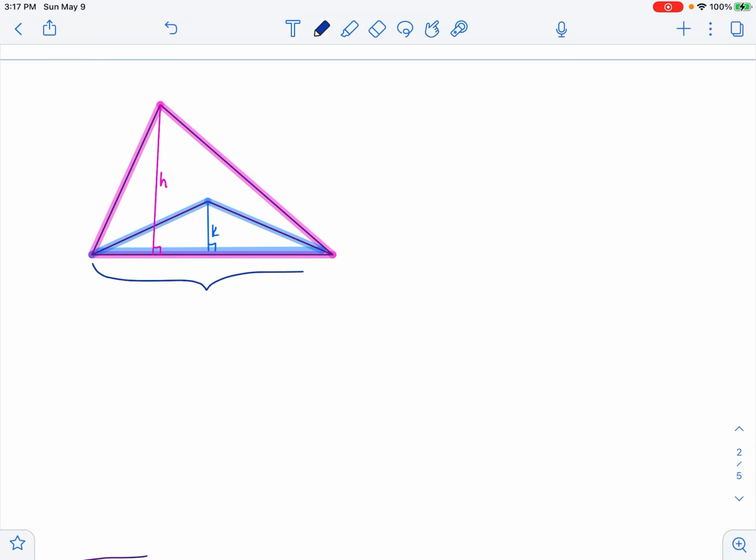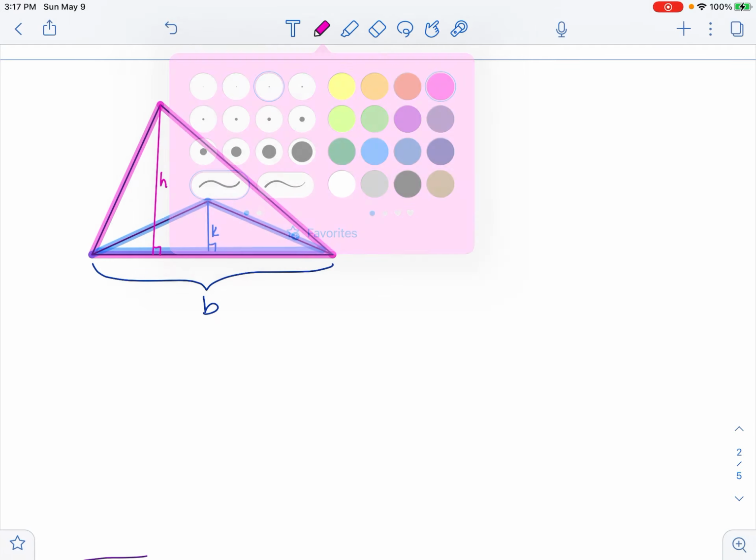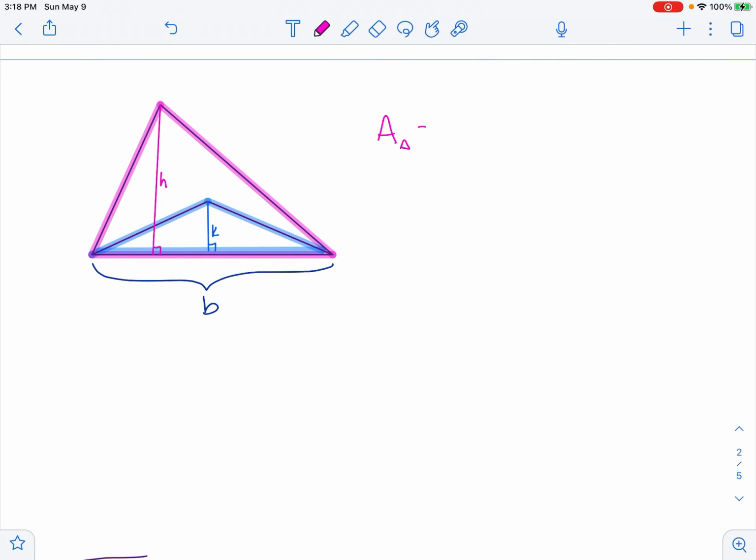The base is the same, so let's just call that B. For my pink triangle, the area is going to be 1/2 times my base times my height. For my blue triangle, my area is going to be 1/2 times my base times my height.